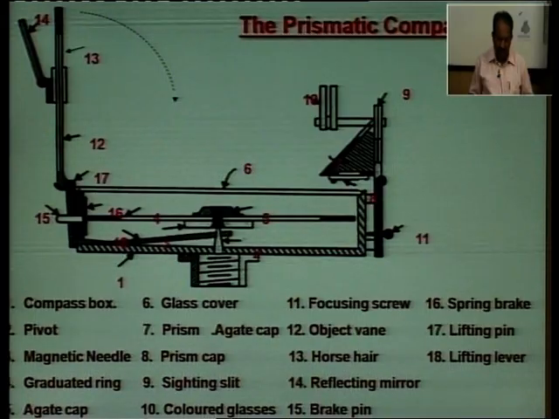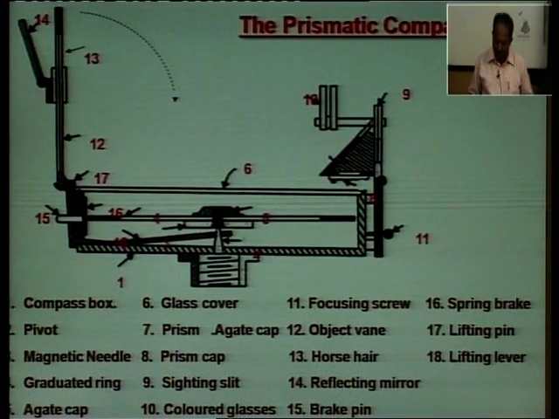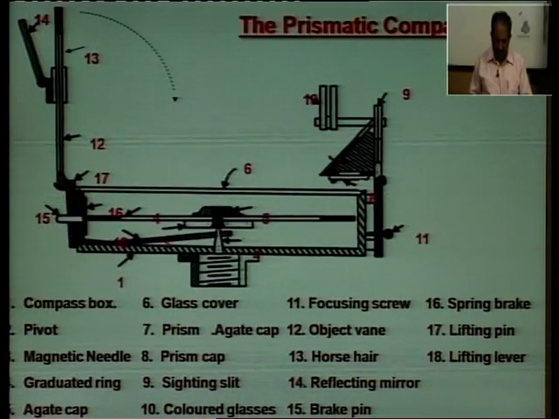A pair of colored glasses, as is seen on your monitor screen marked as 10, has to be interposed between the slit and the object vane when the sun or some other luminous object is to be bisected. A metal cover fits over the glass cover and the object vane when the compass is not in use to prevent it from dust or moisture, etc.